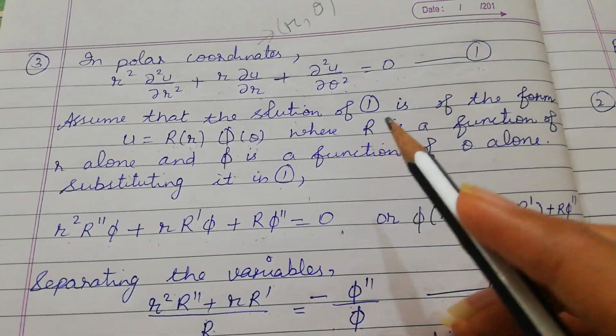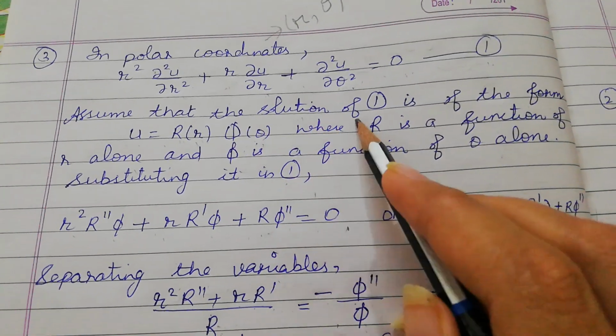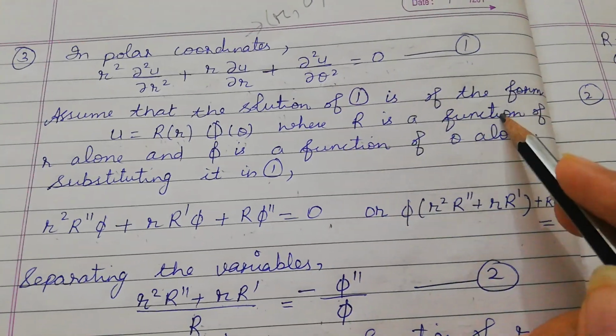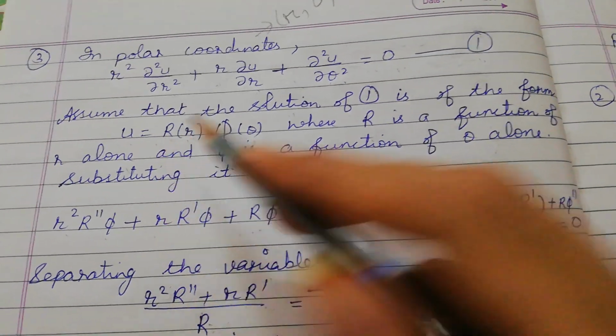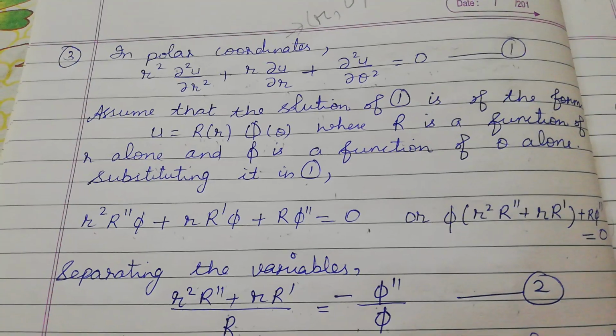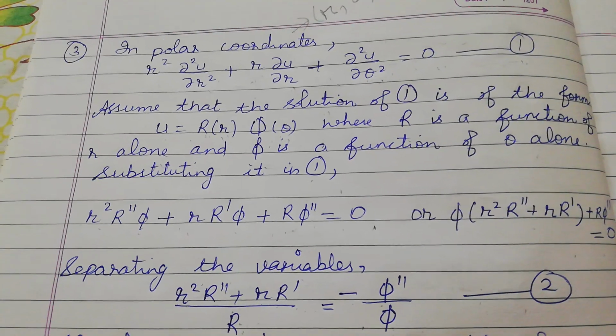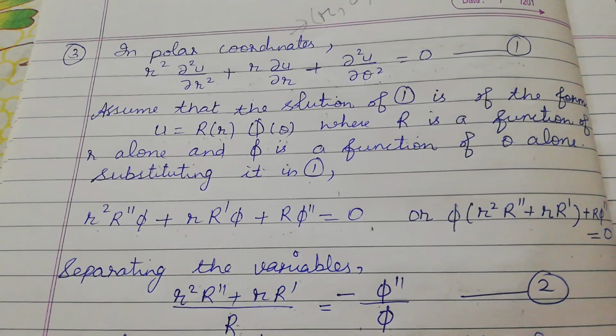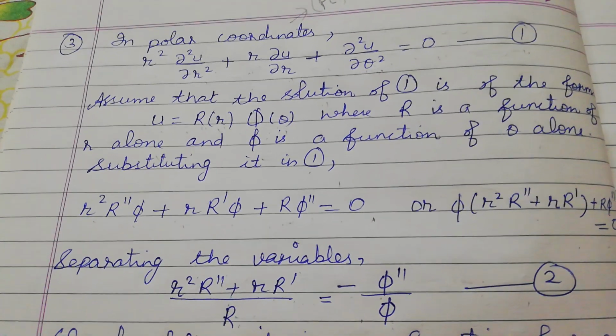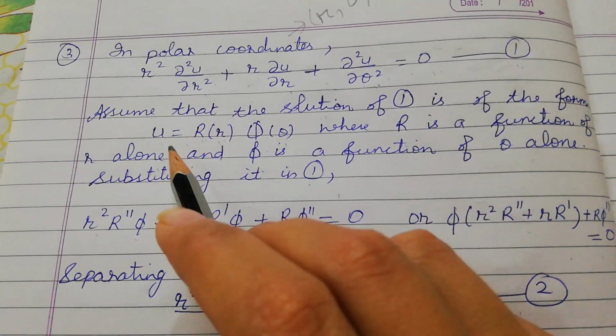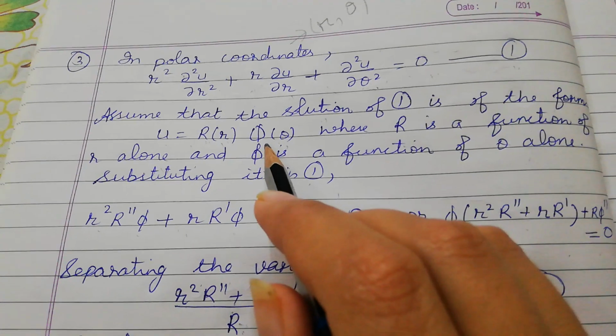Now, as we were doing earlier, we will assume that the solution of this equation number 1 is of the form u equals capital R, which is a function of r only, and capital phi, which is a function of theta only. Okay, so we have assumed that u is equal to this, right?